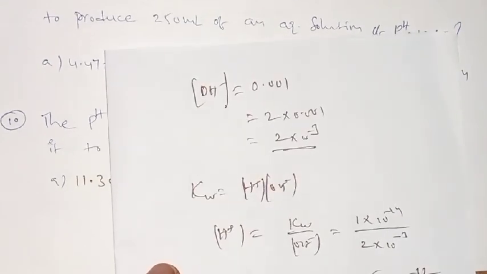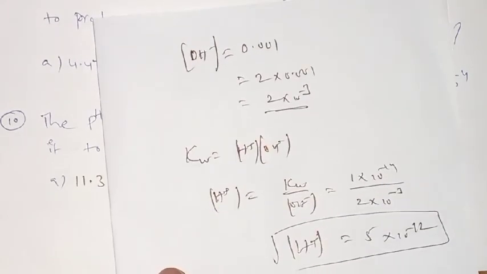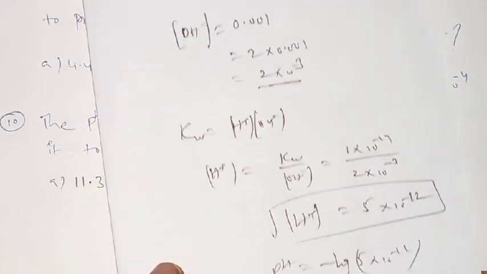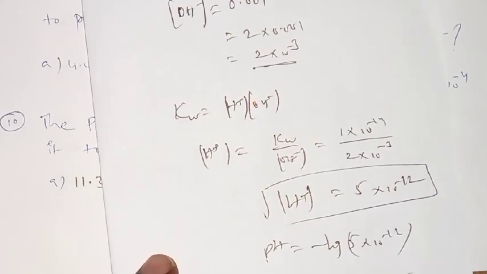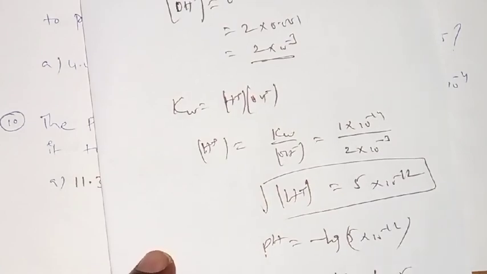This is the H plus concentration. Is it okay? Now pH equals minus log 5 into 10 power minus 12. Then what will we get here? 12 minus log 5. That means 12 minus 0.699. If you simplify, we'll get 11.301.